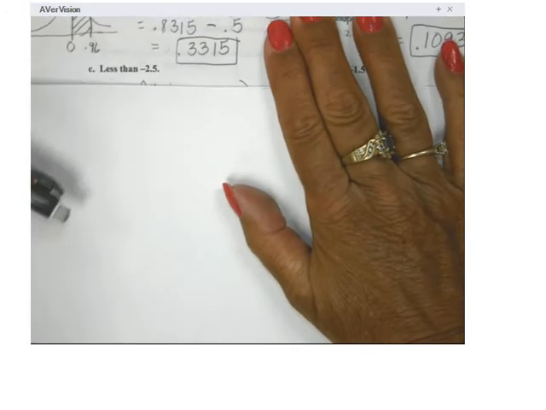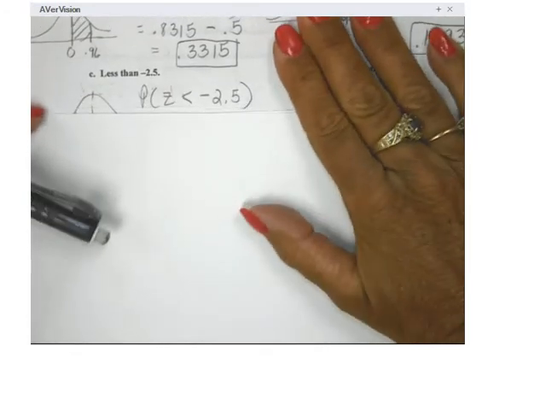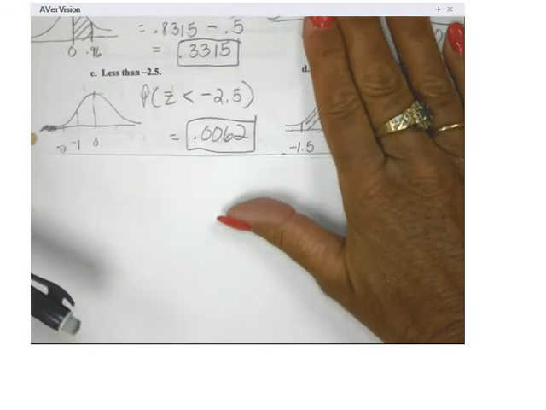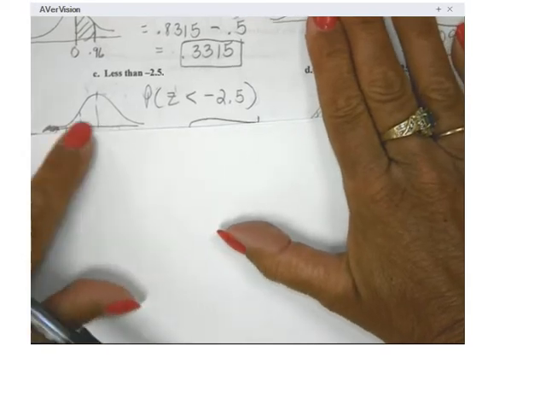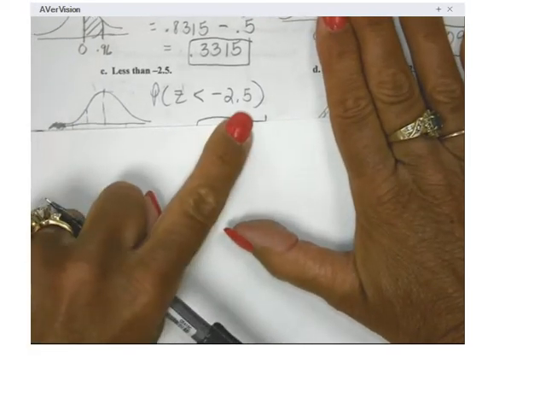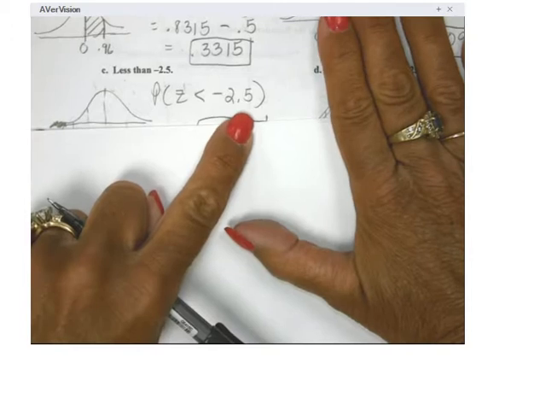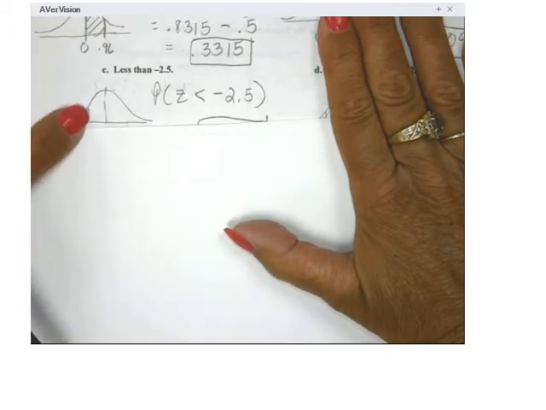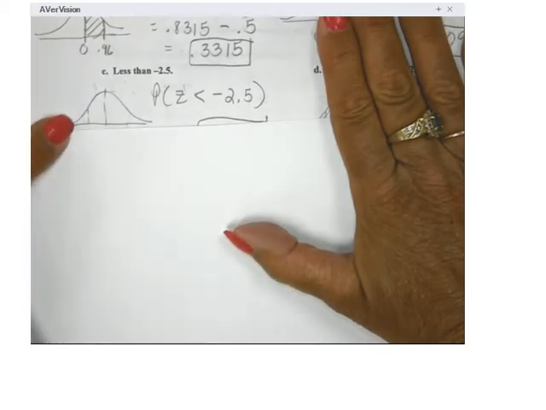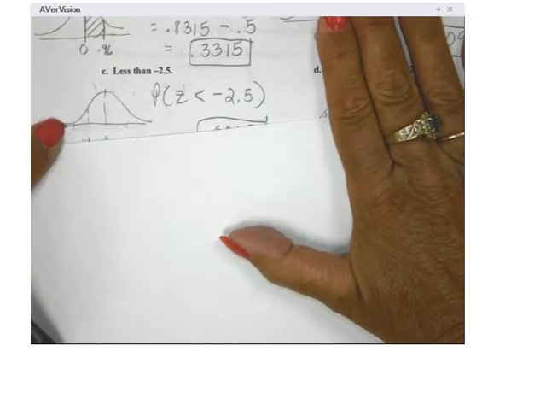Now, I want to find the probability that I choose a value from the standard normal distribution and it's less than negative 2.5. Again, I write my notation down. I draw my picture. And when I draw my picture, I know it is very unlikely for this to happen.